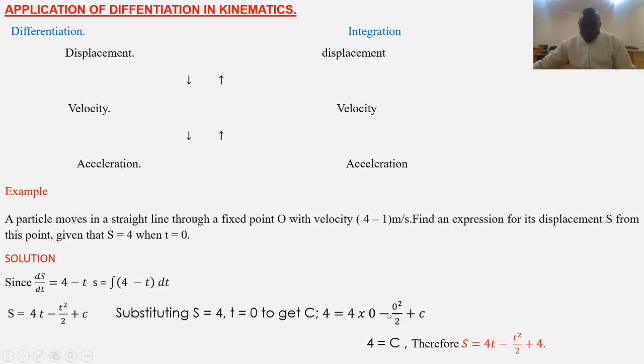Remember, 0 minus 0 is 0, so c equals 4. And therefore, if I write the equation, because what I'm asked for is an expression for the displacement, displacement equals 4t minus t squared over 2 plus 4.